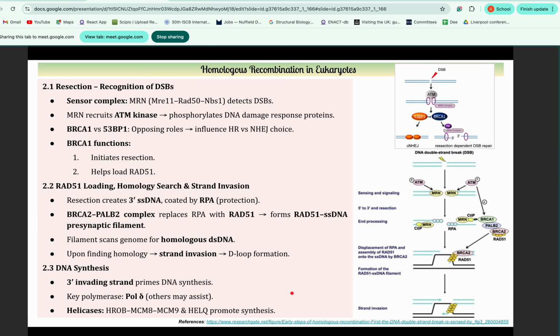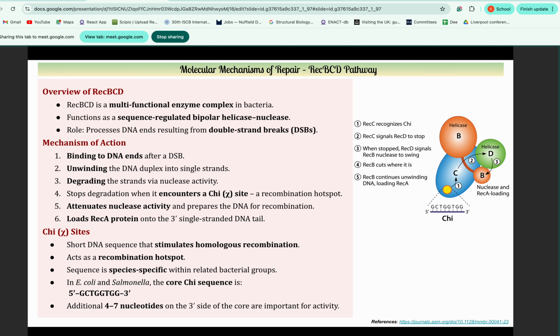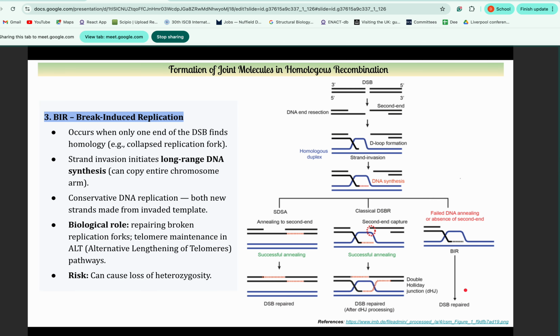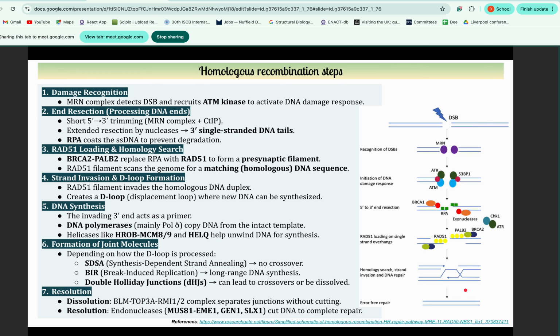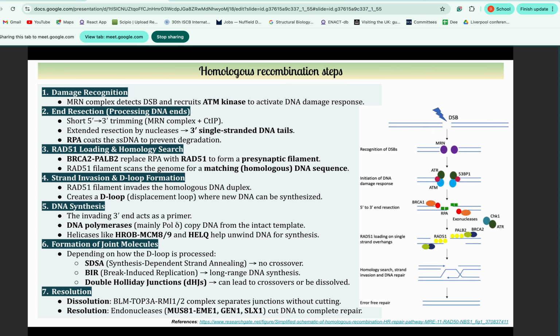Okay, so before moving to eukaryotes, we'll again go through this RecBCD and RecA. As we discussed in this particular case, we talked about MRN, then we talked about RPA, and then RAD51. Similarly in prokaryotes, instead of MRN, we discussed how RecBCD will come.